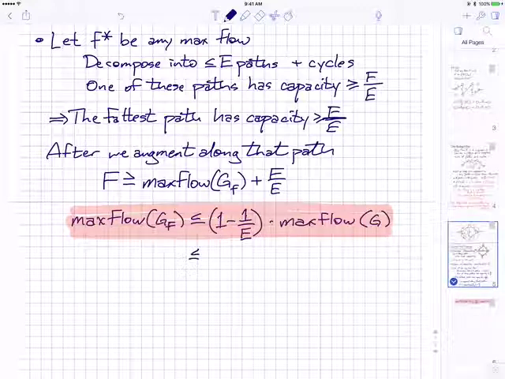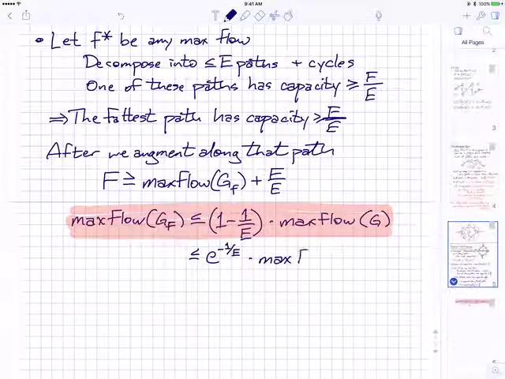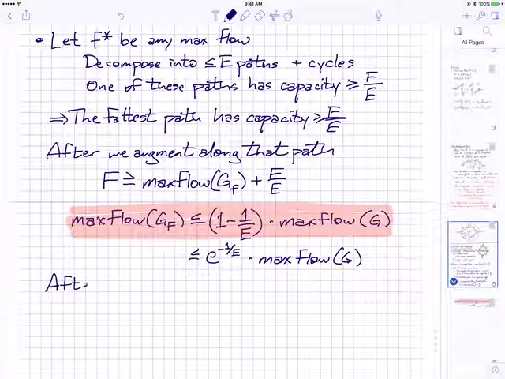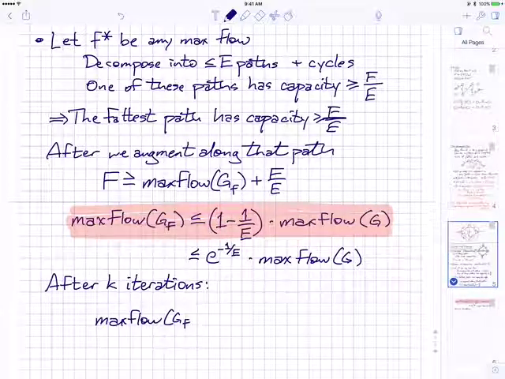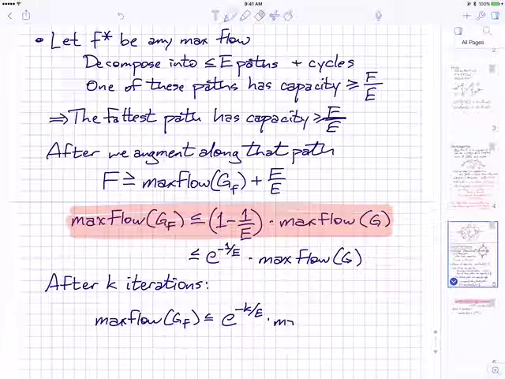There's the world's most useful inequality coming into play here. This is at most E to the minus 1 over E times the maximum flow in the original graph. And in particular, this means that after I've repeated this, find the fattest path, augment, k times, after k iterations the maximum flow that I have left in my graph is at most E to the minus k over E times, well, let me just write capital F here.